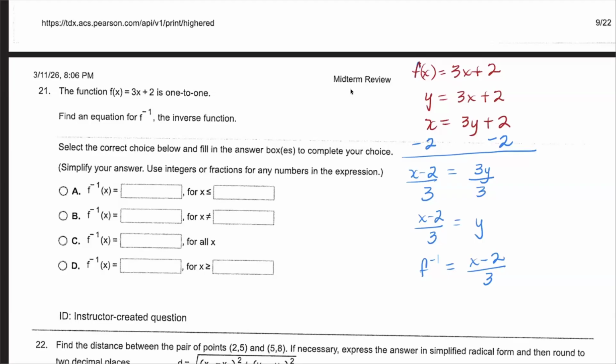There are no restrictions. So this is going to be part C for all values of x. So it's going to be x minus 2 all over 3 for all values of x, because the denominator doesn't have any variables.